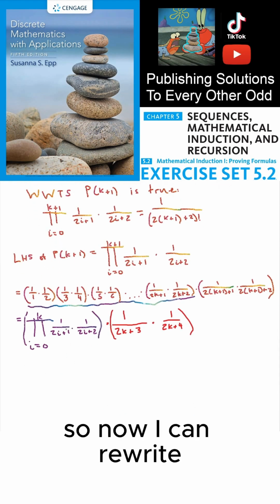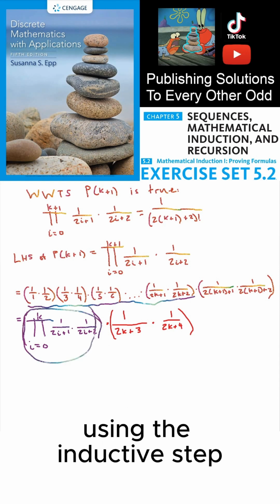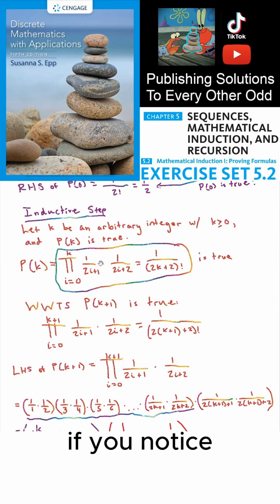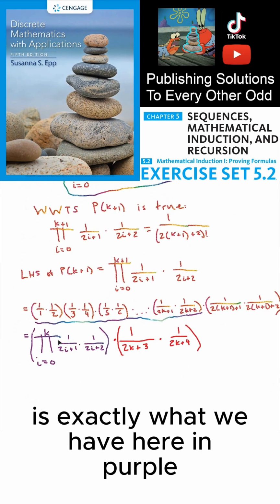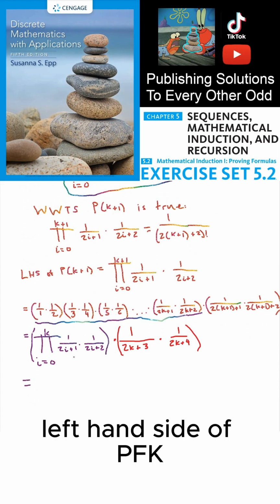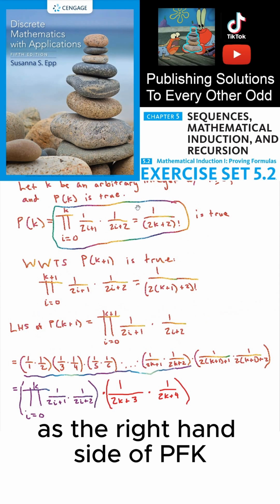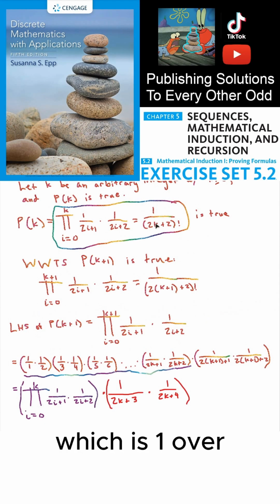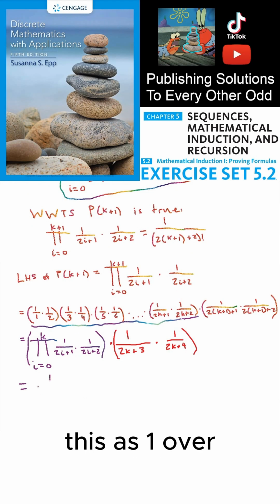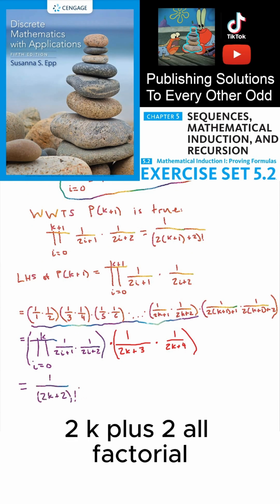So now I can rewrite this product using the inductive step. Let's go back to the inductive step real quick. If you notice, the left-hand side of my inductive step is exactly what we have here in purple. And so we can rewrite this left-hand side of P(k) as the right-hand side of P(k), which is 1 over (2k plus 2) factorial. So I'm going to rewrite this as 1 over (2k plus 2) all factorial.